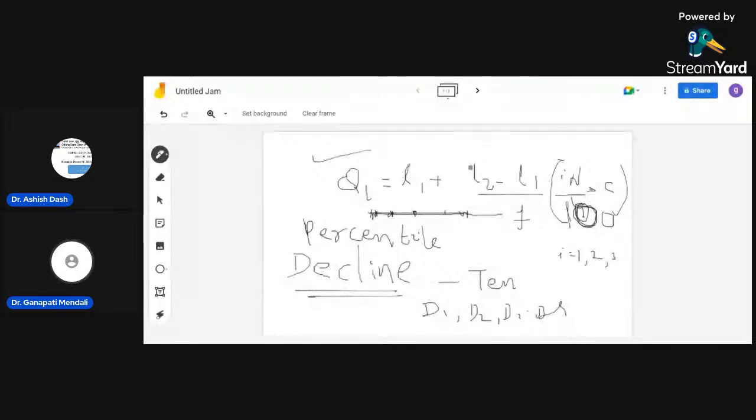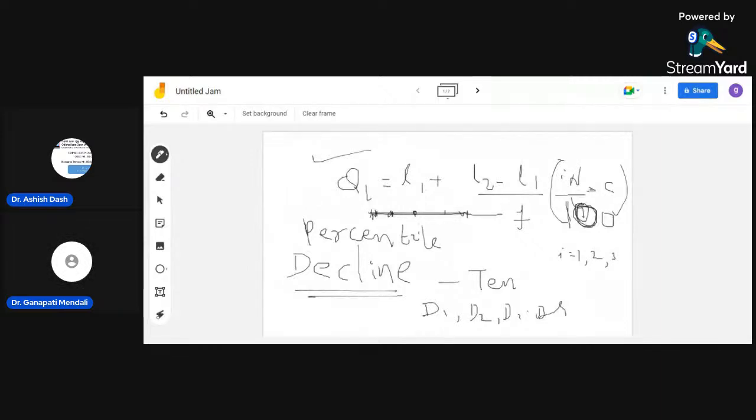Also, we have to arrange the data in either ascending or descending order. Without ordering, we cannot compute the percentile, quartile and decile. And these positional averages have less sampling stability.